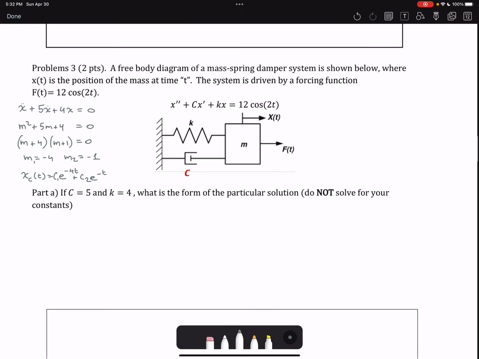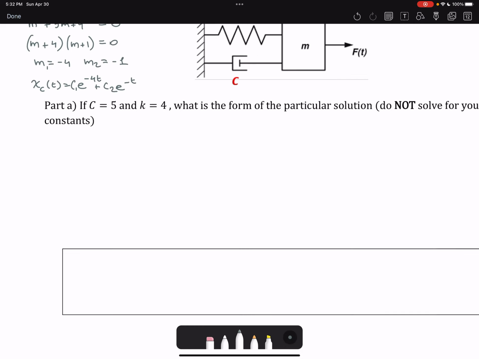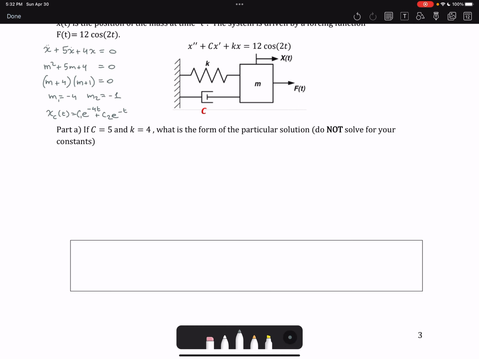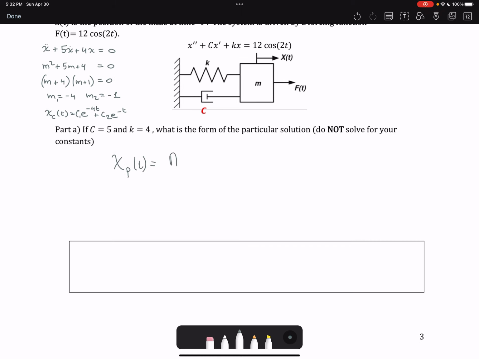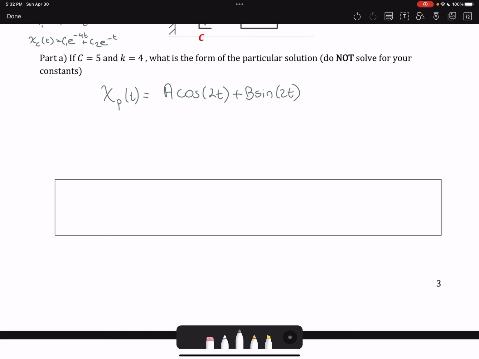Here we don't have any repetition, so we can just say that the form of the particular solution, x p of t, is going to be equal to a times the cosine of 2t plus b times the sine of 2t. I'm going to put right here that the form of the particular solution is a cosine of 2t plus b times the sine of 2t.